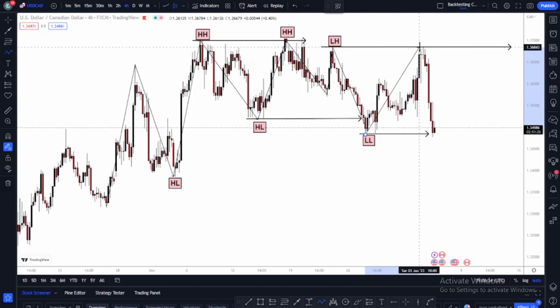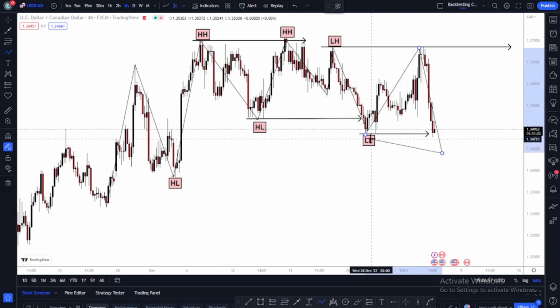After it retraced back to our lower high, what did it do? It dropped back down to our lower low. But remember, this hasn't been confirmed as a lower high, because it hasn't closed below its previous lower low.